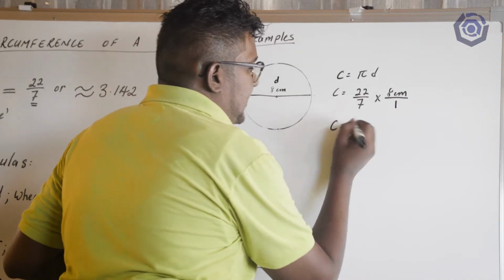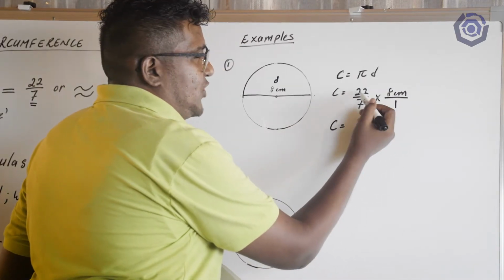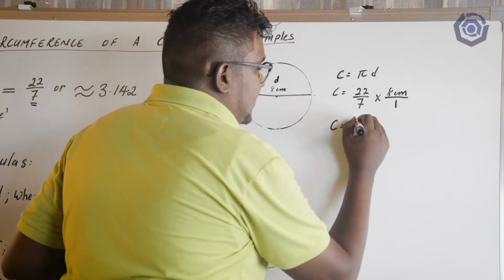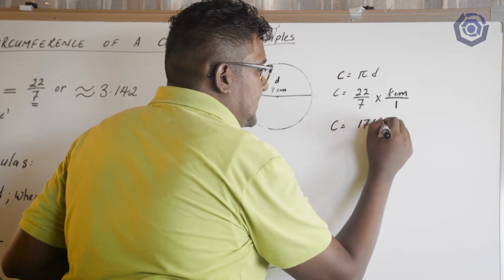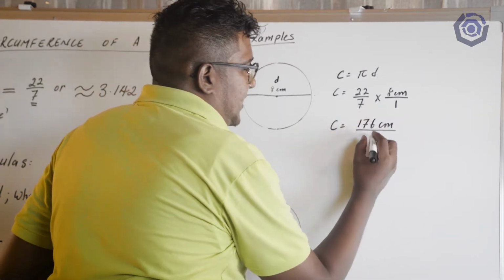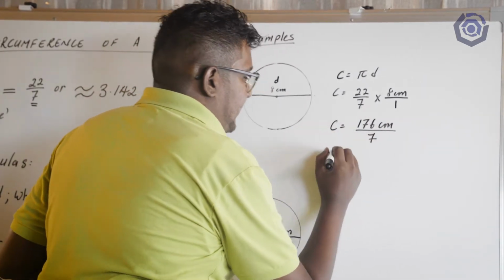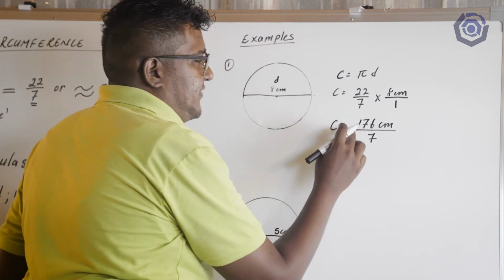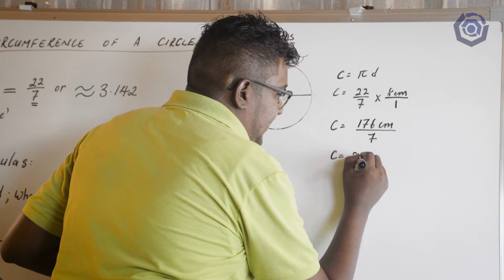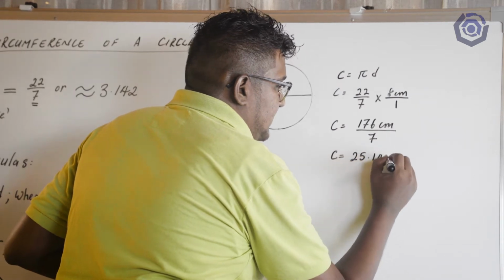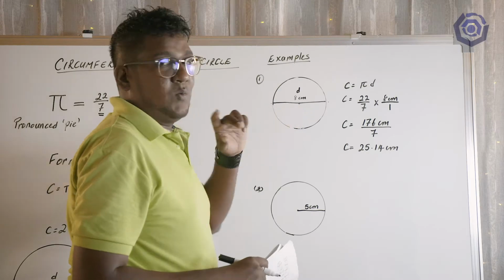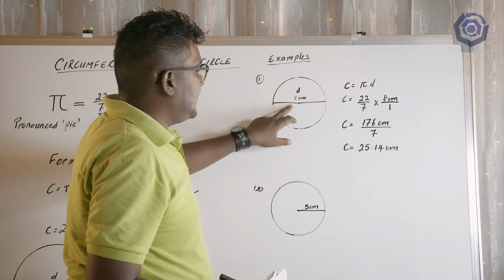So C is equal to, we multiply our numerators, which is 22 times 8, and that's going to give me 176 cm. Divided by 7 times 1, that's going to give me 7. Circumference is equal to, we divide 176 by 7, and that's going to give me 25.14 centimeters.